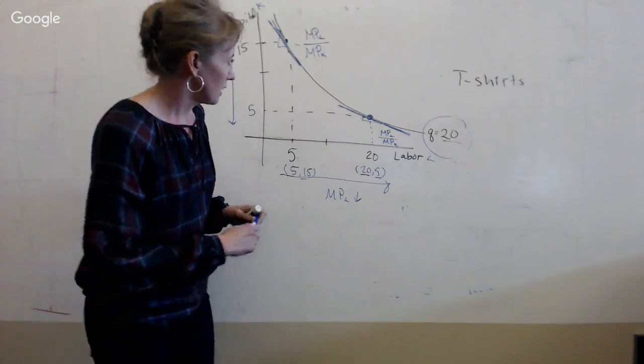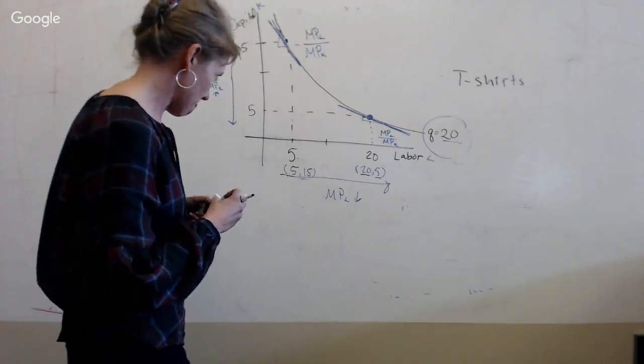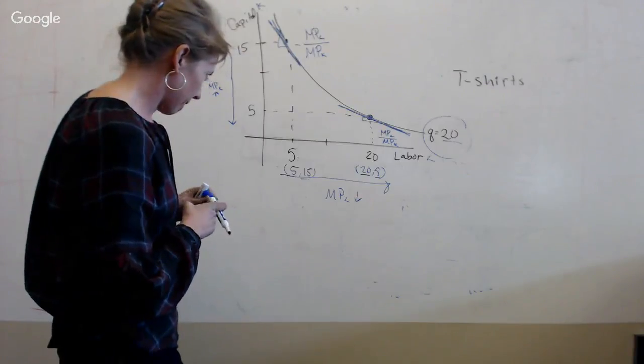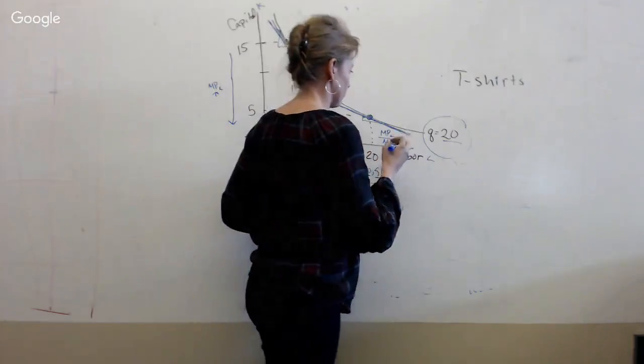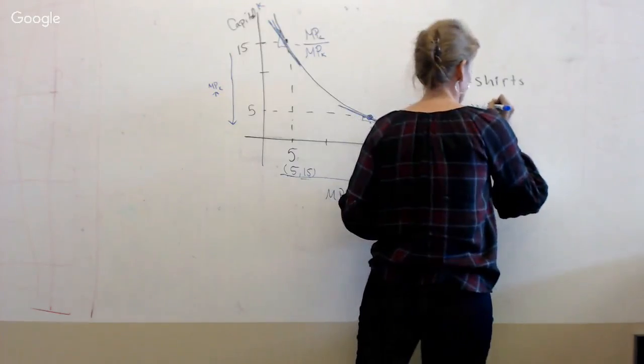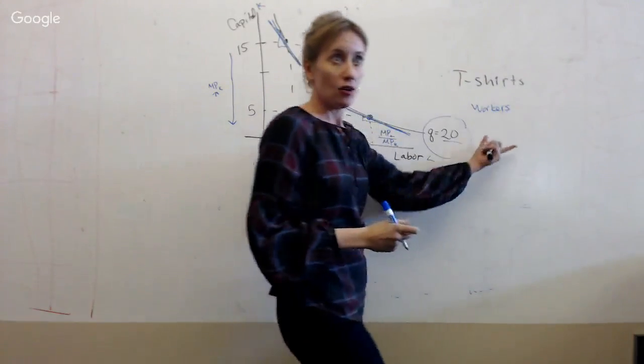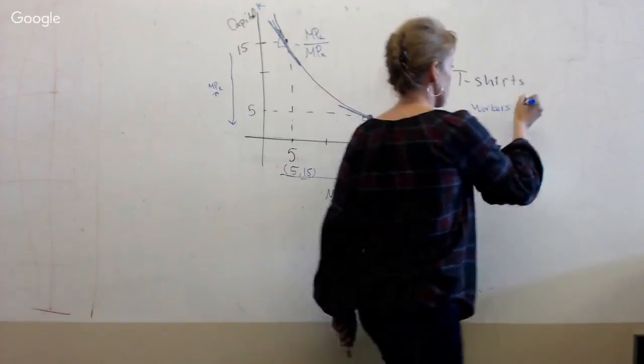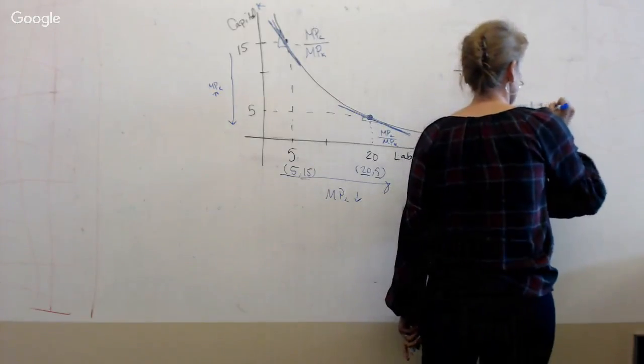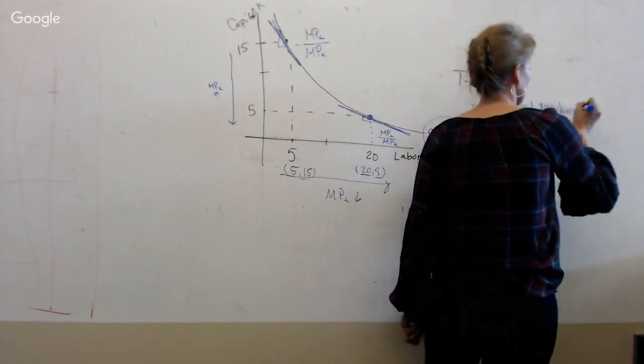So let's say workers cost $100 per hour.